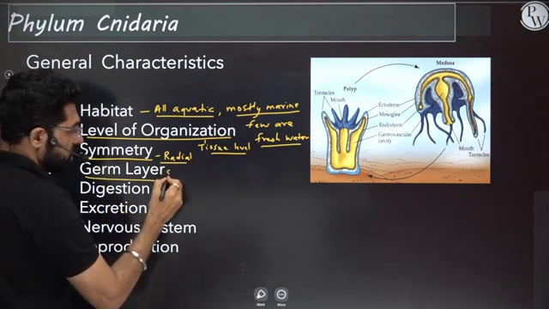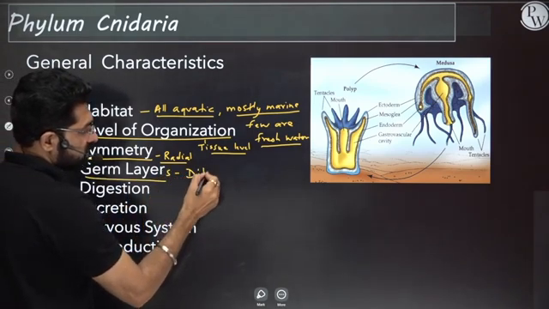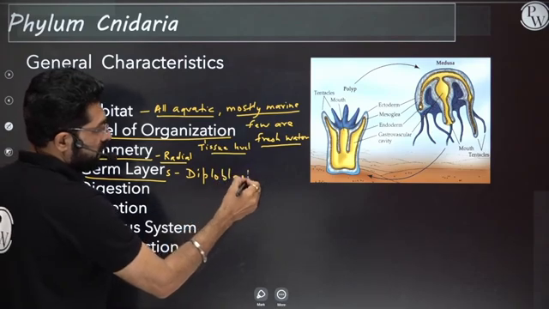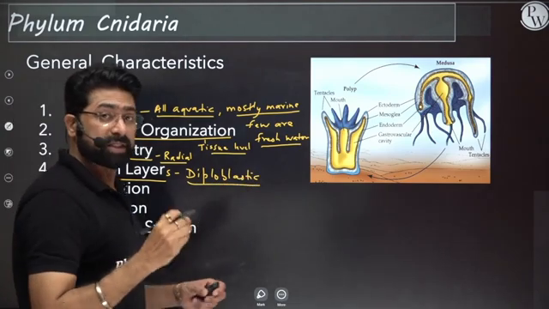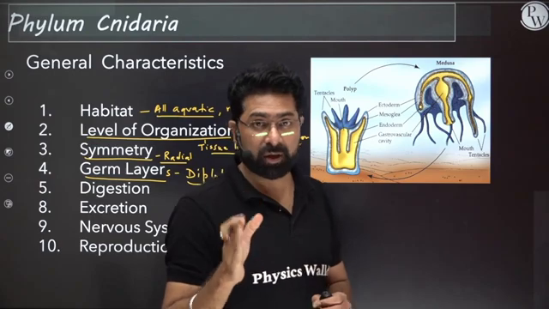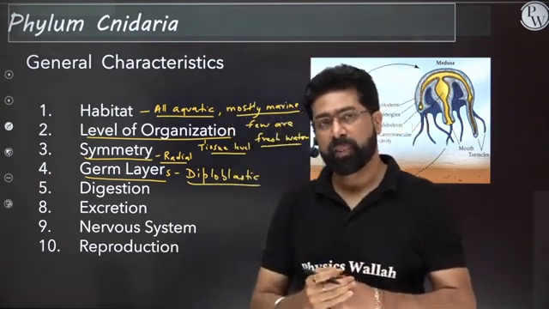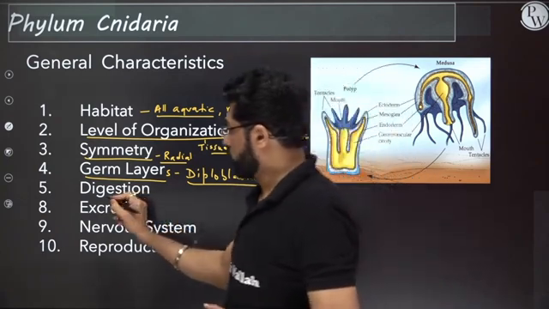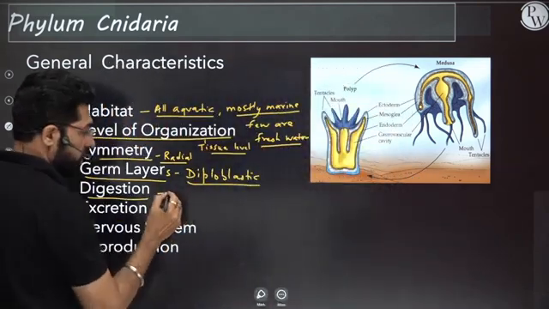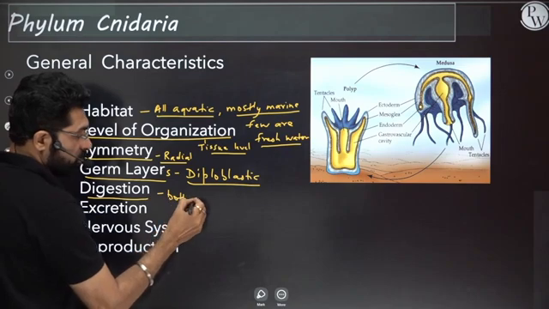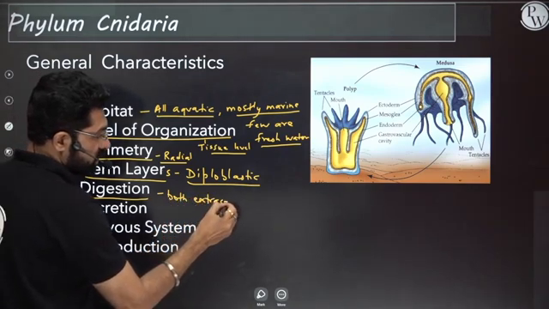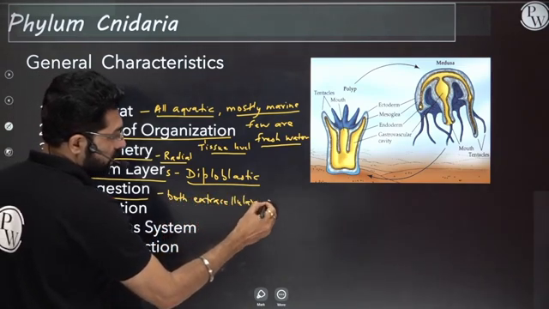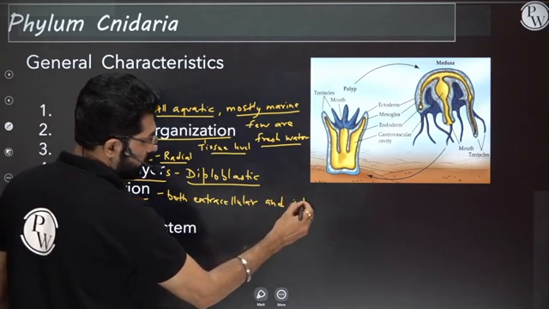According to germ layers, it is a diploblastic organism. Why? Because it has two germ layers. One is endoderm, the other is ectoderm. They don't have mesoderm, they have mesoglea inside. Digestion is both extracellular and intracellular.